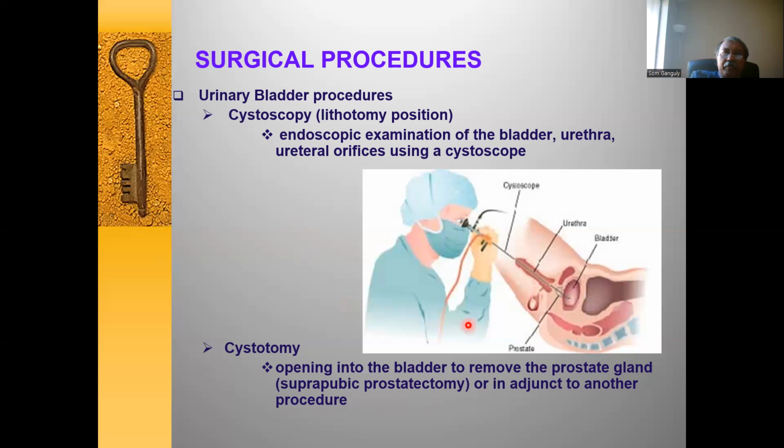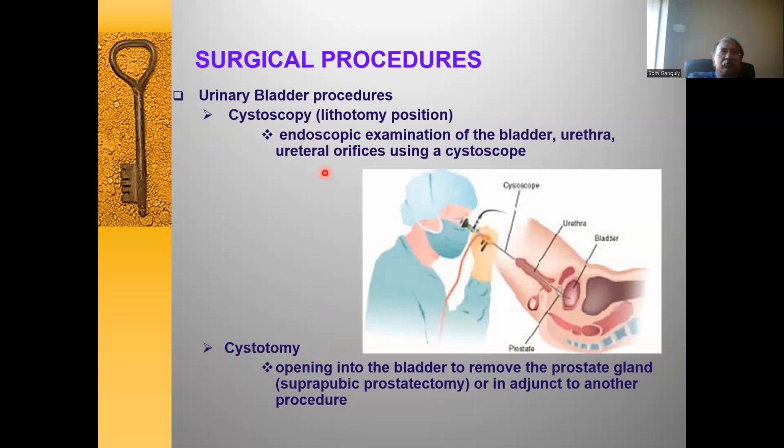When they open the prostate area, then we call to get to the prostate through the urinary bladder, we call it cystotomy. Cystoscopy, looking through the scope, no opening there, no incision there. No incision is required, right?